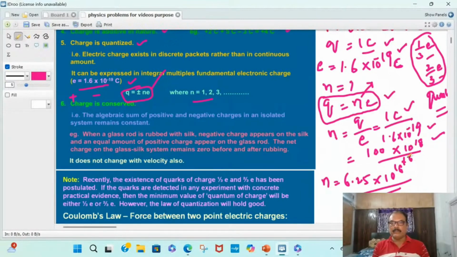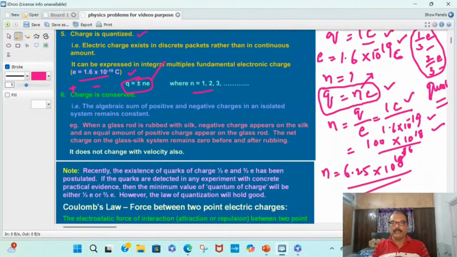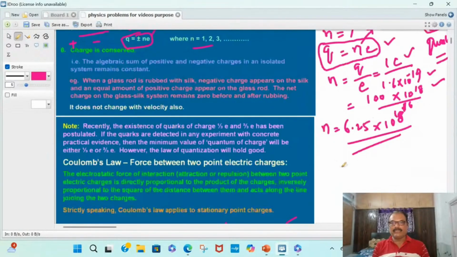Then 100 divided by 16 will become 6.25, times 10 to the power of 18. So how many protons are present in 1 coulomb? That is equal to 6.25 into 10 to the power of 18 electrons or protons. It makes 1 coulomb. Or negative 1 coulomb if you want, it will be the same number but of electrons.